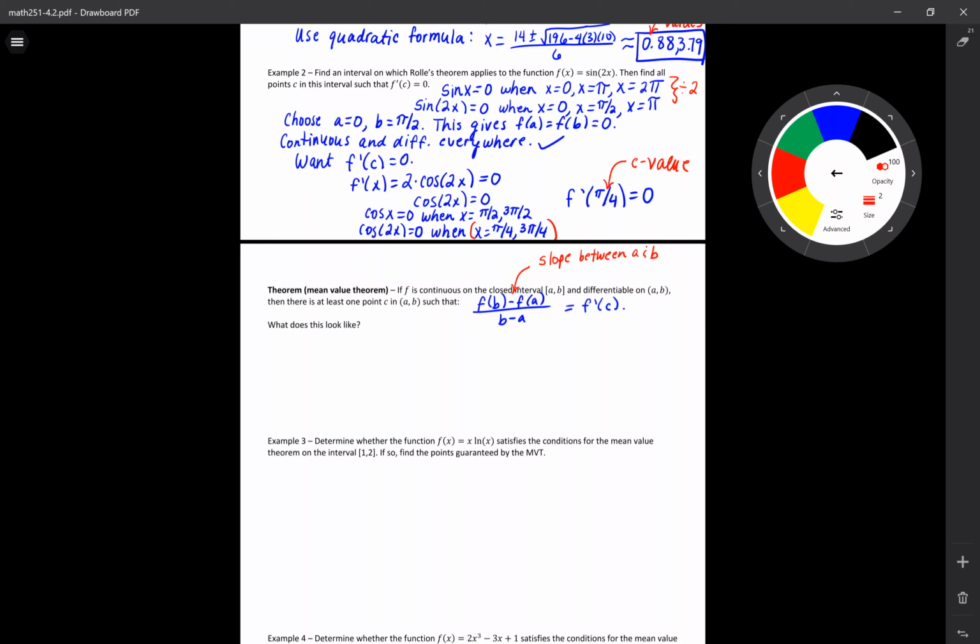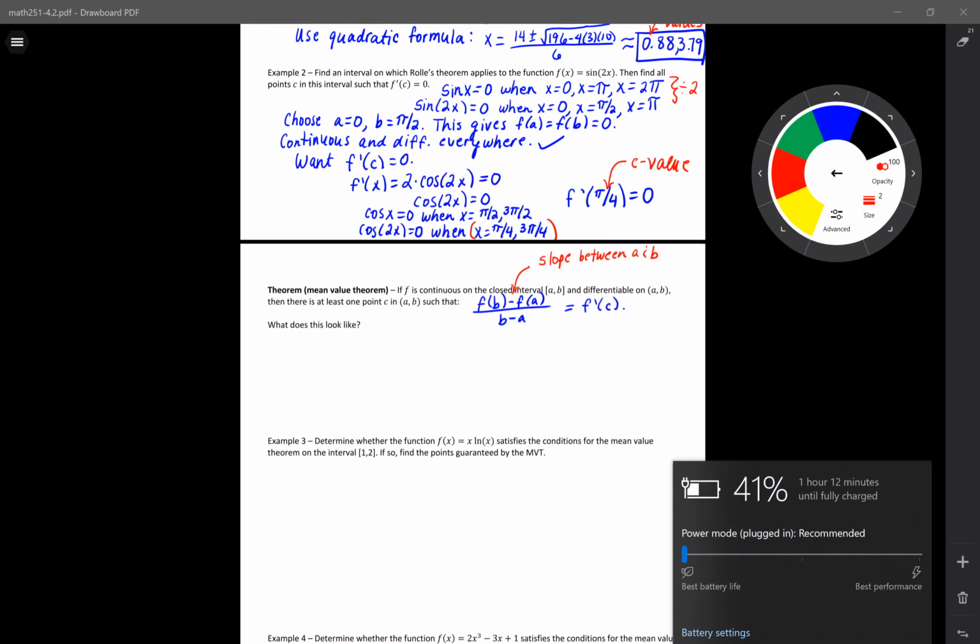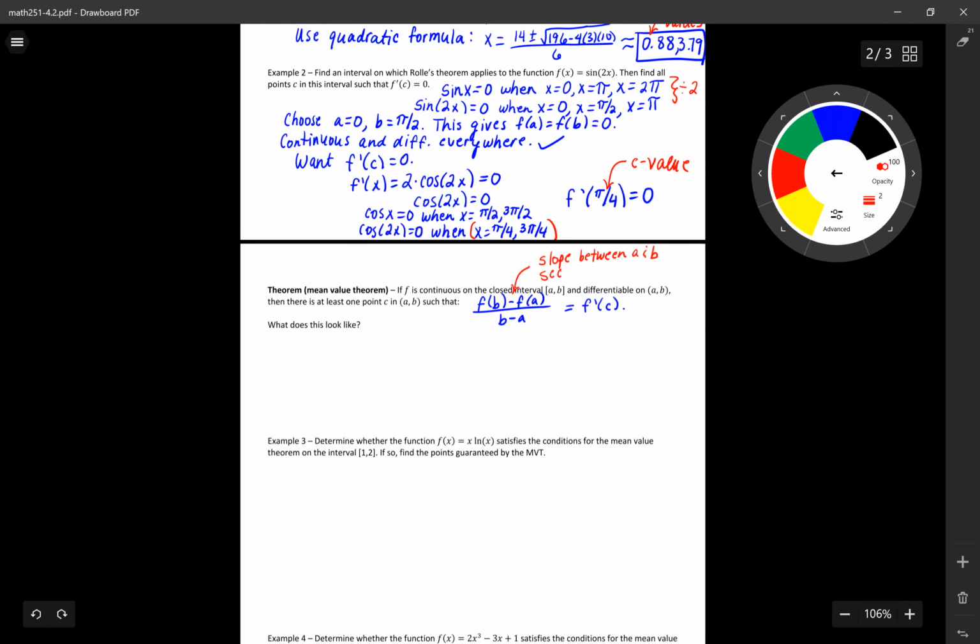Another way to think about the slope between a and b, as we learned, is the secant line between a and b. So there's some point c in this interval such that the slope of the secant line between a and b is equal to the slope at this point c.